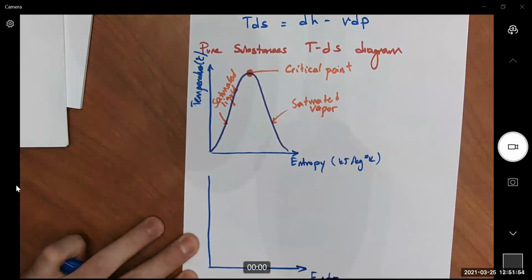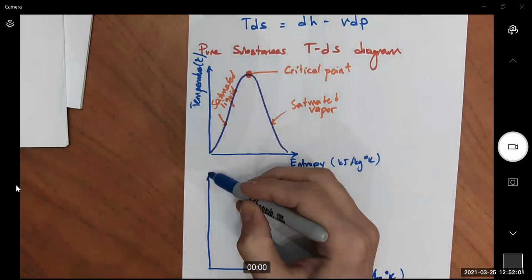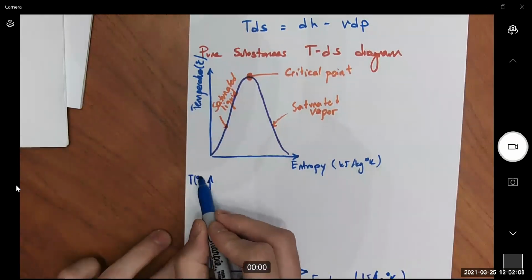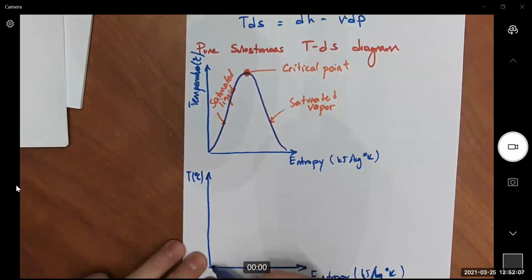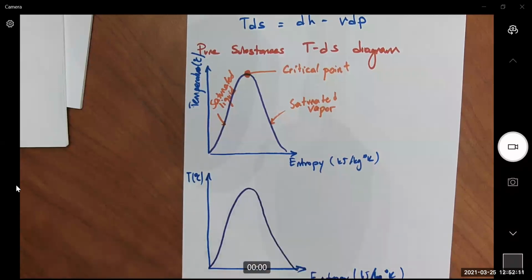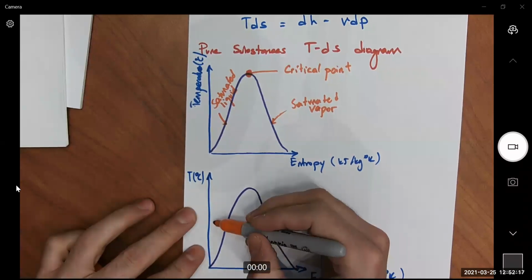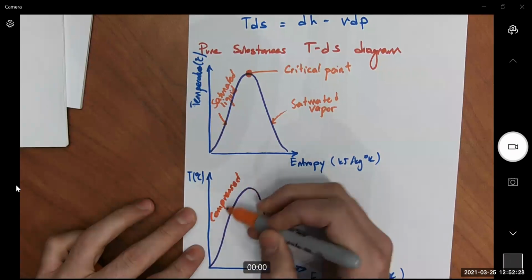Entropy and temperature. The left side of the saturated liquid line is the compressed liquid.